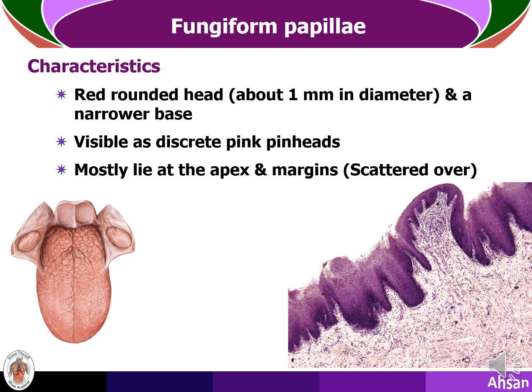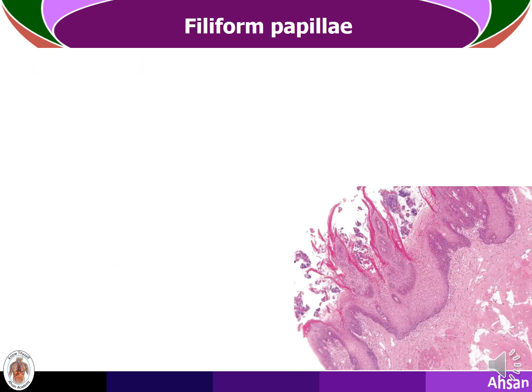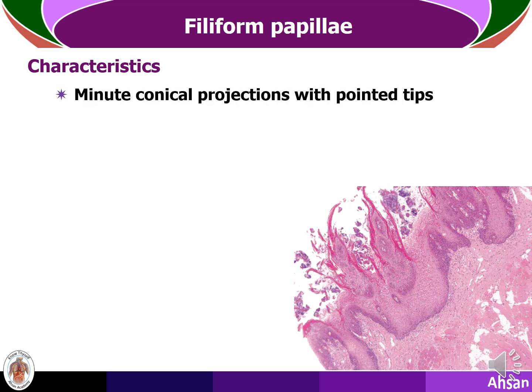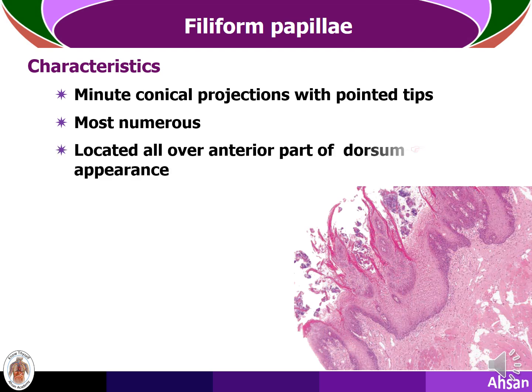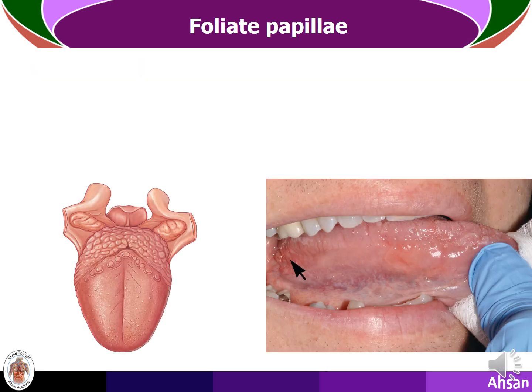Elsewhere, they are scattered. Filiform papillae are the most numerous form of papillae, spread all over the dorsum of the anterior two-thirds of the tongue, and these are minute conical projections with a pointed tip. They are located in the anterior two-thirds, giving it a velvety appearance.